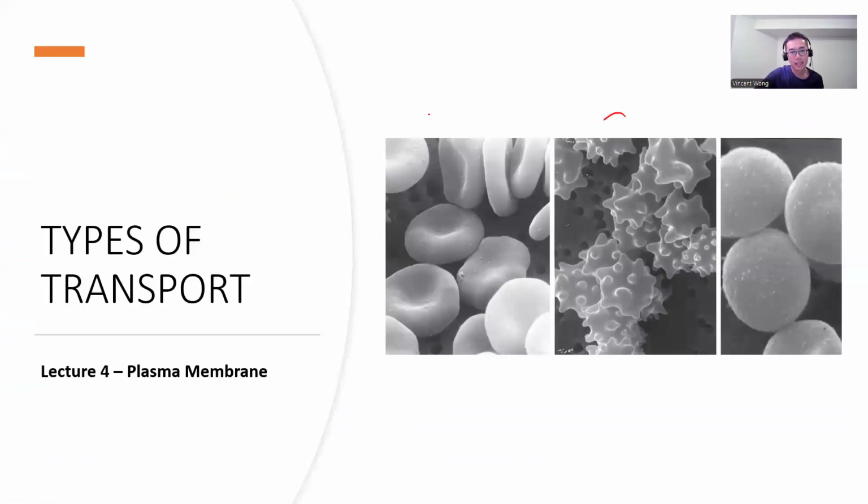So this is isotonic. When your red cells are happy, looking good, it's like a jelly-filled donut with a little pinch in the center. This is hypertonic. Look at how shriveled up they are. Not good. Your blood is actually thicker than it should be, and you need to drink some water.